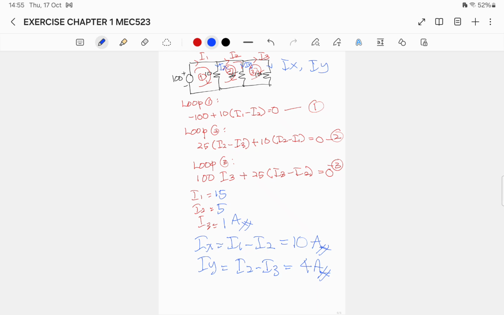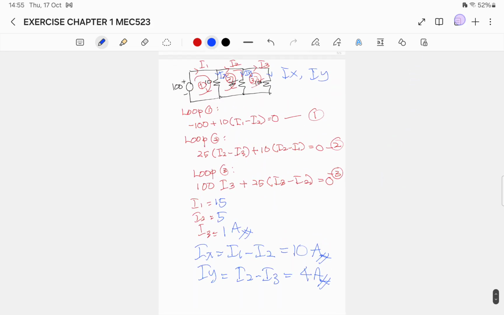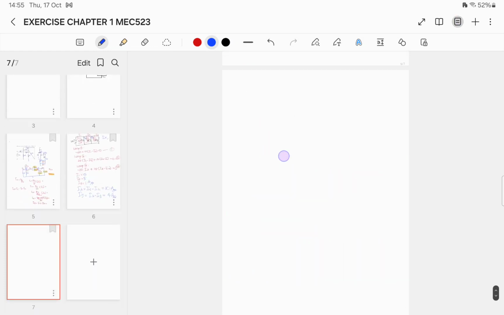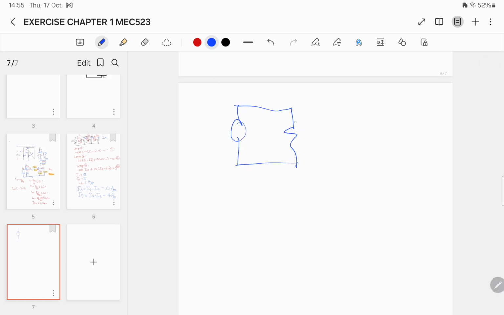Keliru how to get for the KVL equation. Okay, for the KVL equation, voltage, 1 resistor, 2 resistor, 3 resistor, R1, R2, R3.